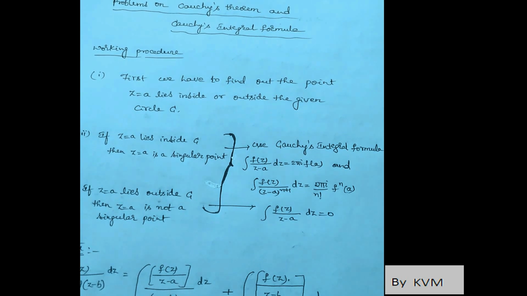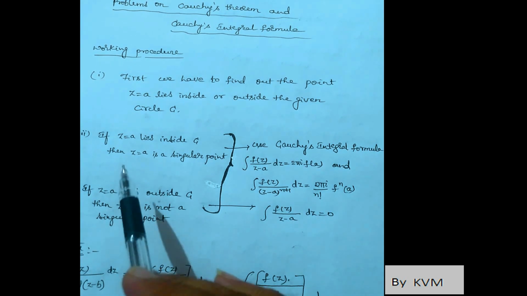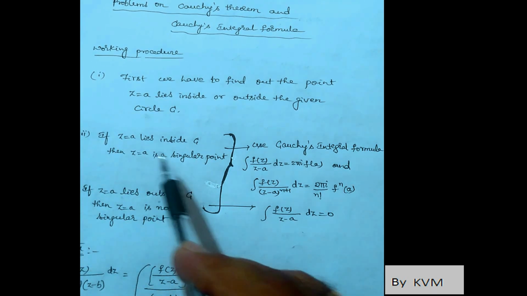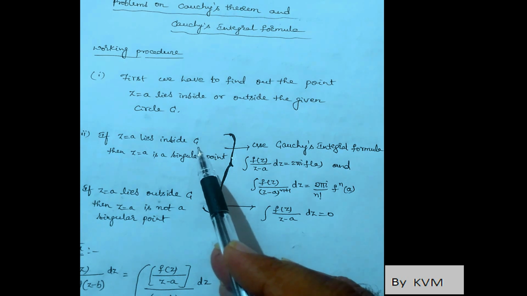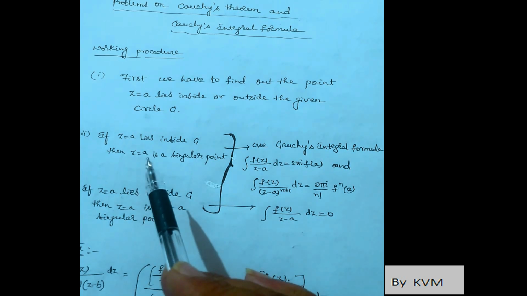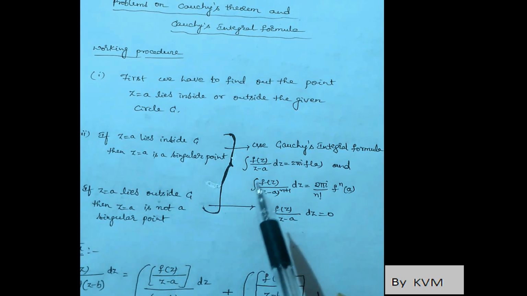First point is we have to check whether the point z equals a lies inside the circle or outside the circle C. Second point, if z equals a lies inside the circle C, then obviously z equals a is a singular point.